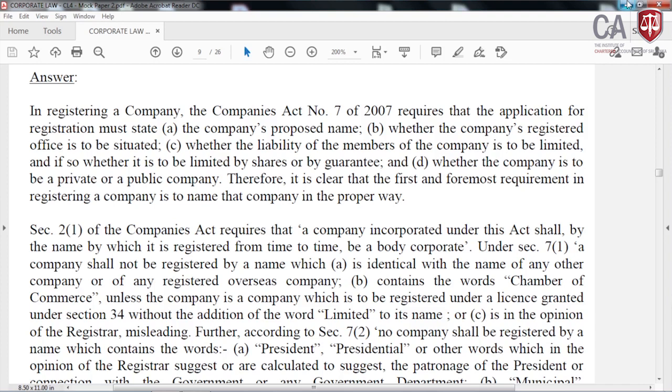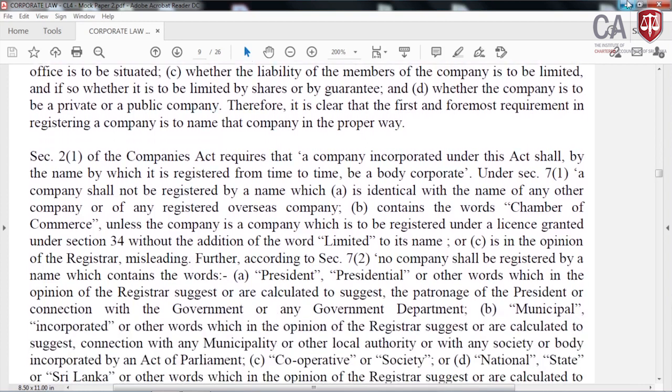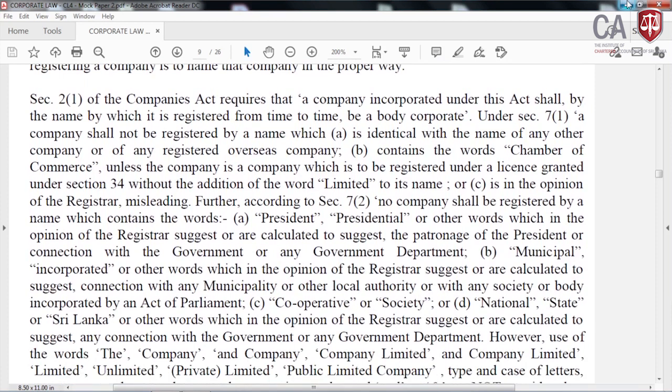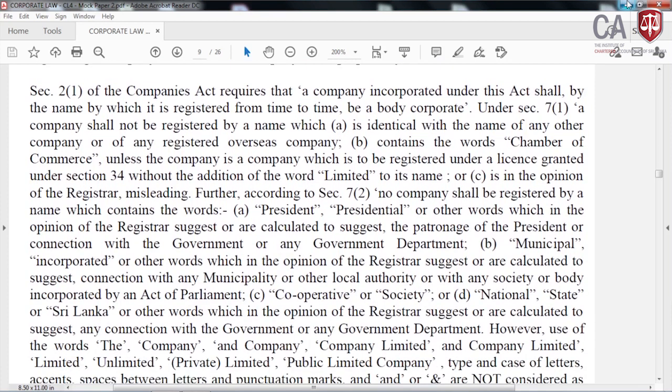So name is a very first and foremost requirement. Now section 2(1) of the Companies Act requires that a company incorporated under this Act shall by the name by which it is registered from time to time be a body corporate. So it is by the name that the company is going to be a body corporate.